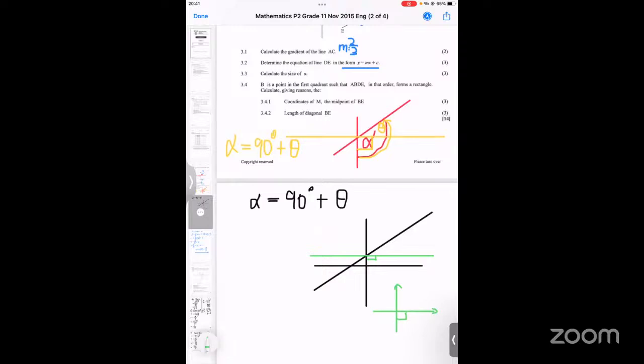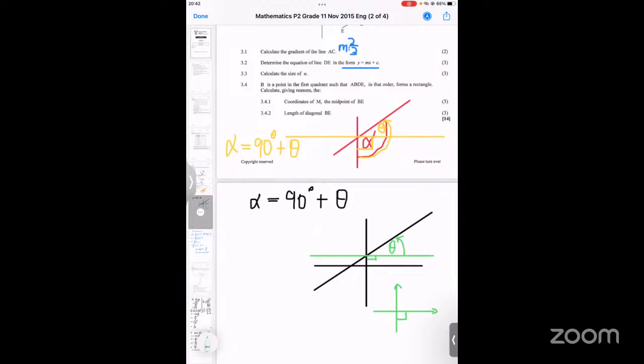So now you can calculate this angle. And that angle will be the angle of inclination because it's an angle formed with the horizontal in an anti-clockwise direction.